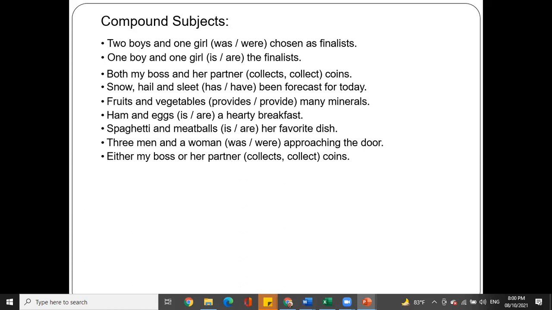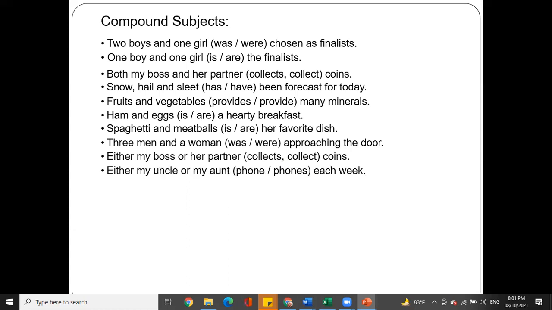So collects. Because the partner is either he or she. The only time you add s or "is" is if the subject is he or she or it.